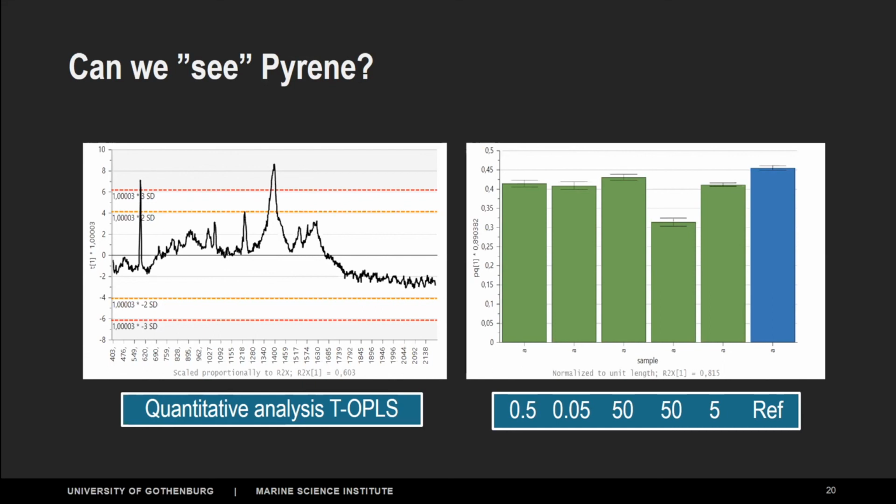And then you compare the second graph to the right to the reference. Is it actually there? The more they are alike, the more you see it there. So we are happy with these results that we can statistically see we have it at low concentrations, and we're going to go even lower to see if we can reach nanograms per liter.